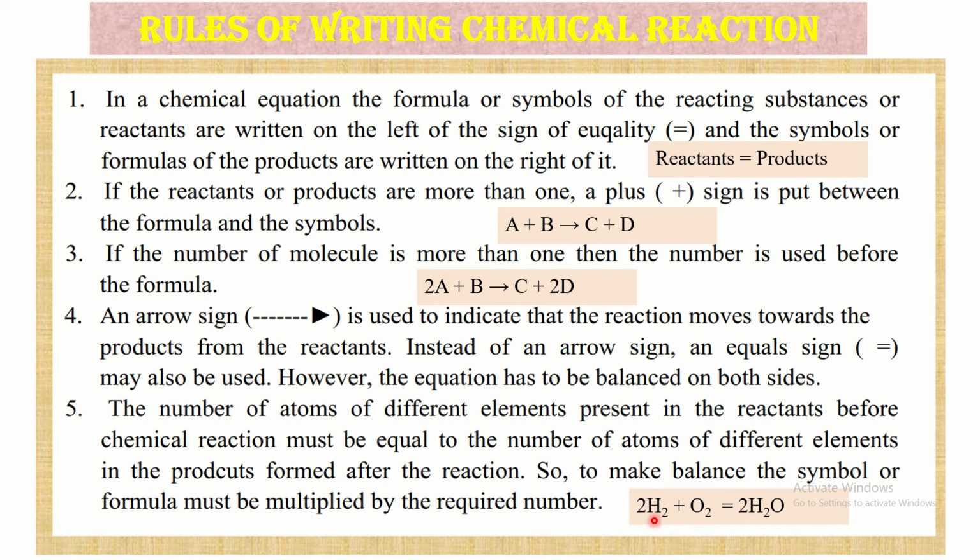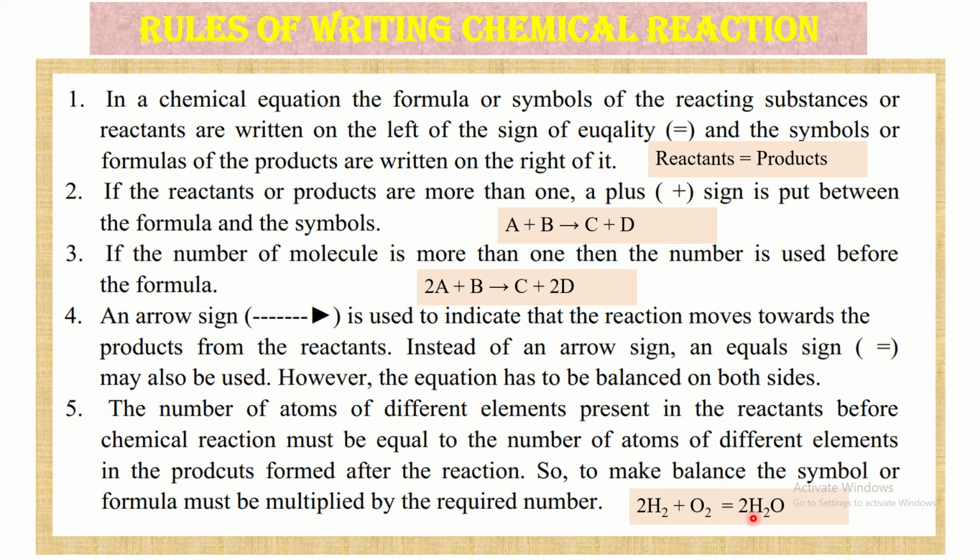Look, when you write H2 plus O2 gives H2O, that means there are 2 atoms of hydrogen and 2 atoms of oxygen on the reactant side. And on the product side, there are 2 atoms of hydrogen and 1 atom of oxygen. So hydrogen is balanced here, but oxygen was not.